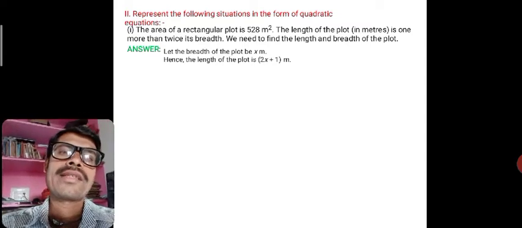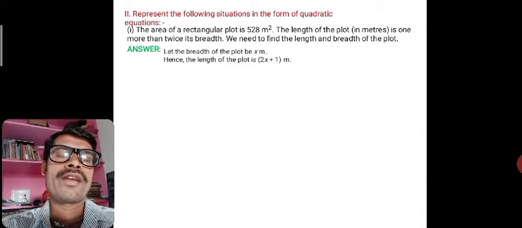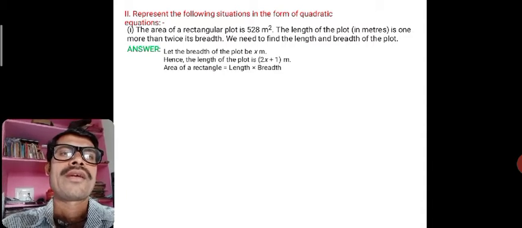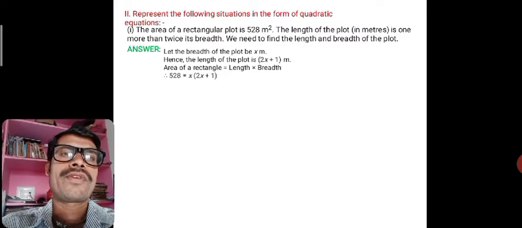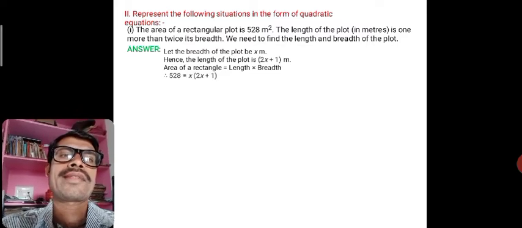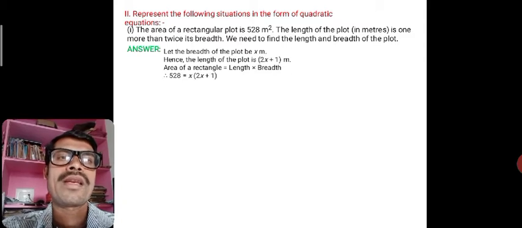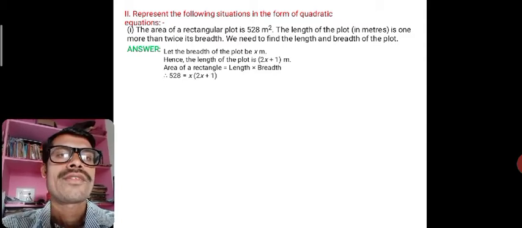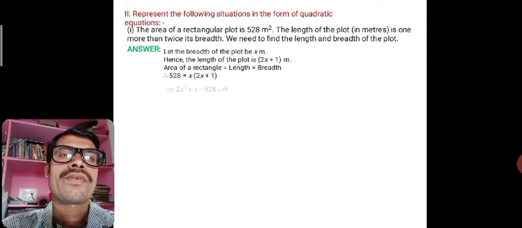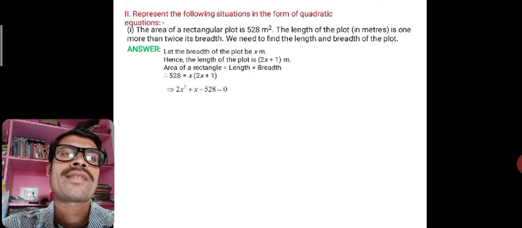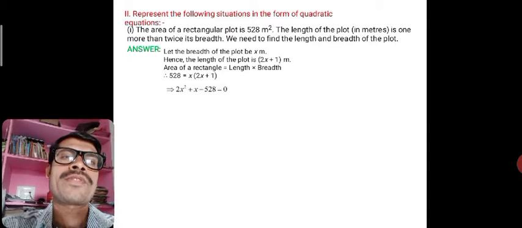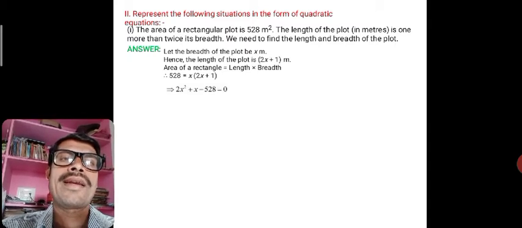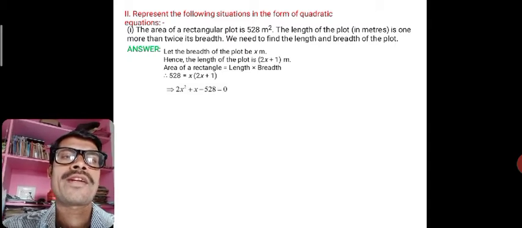As it is given that the area is 528 meters square, we know the area of a rectangle is equal to length into breadth. So 528 = x(2x + 1), length into breadth. By simplifying, we get 2x into x is 2x² plus 1 into x is x. Transpose that 528 to the right hand side, minus 528 it becomes.